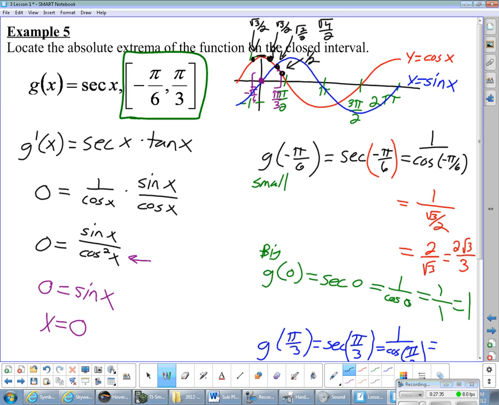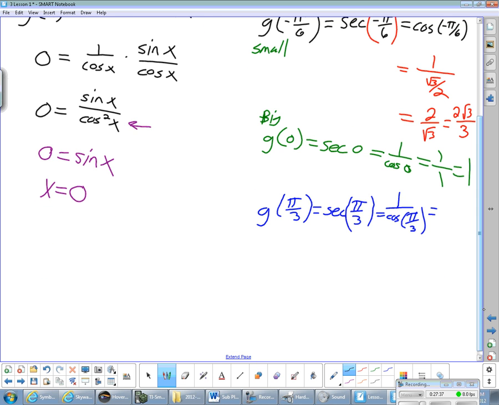And so, scrolling down here, this is nothing more than 1 over 1/2, which is equal to 2. So I get to reevaluate which one actually is the biggest. The biggest is 2.